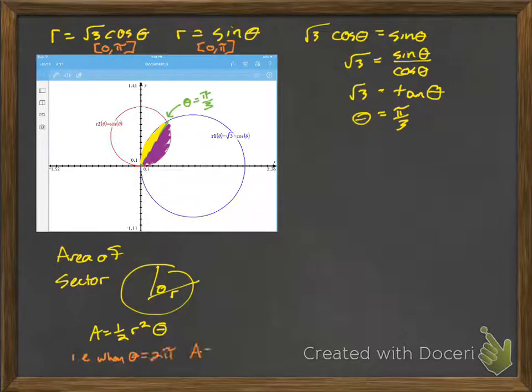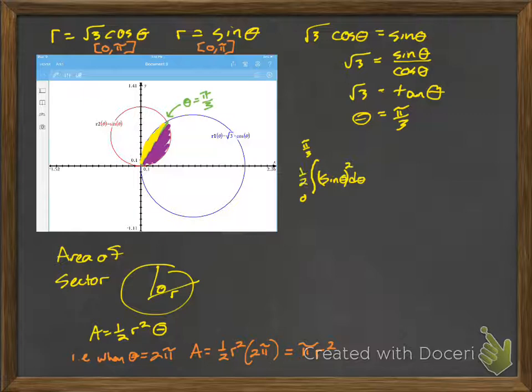If I can't remember where that formula comes from, 1/2 r squared theta, I think, well, put 2 pi into that equation, and I do get pi r squared, the known circle area formula. And then it helps me work backwards into thinking, oh yeah, that's just a proportional chunk of the area of that circle. That's where that formula comes from.